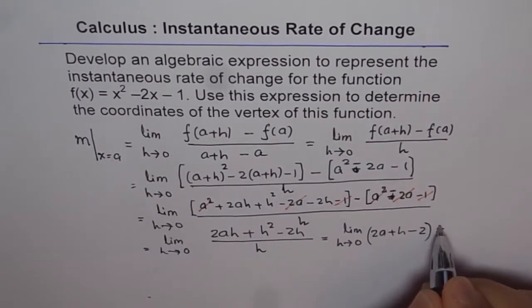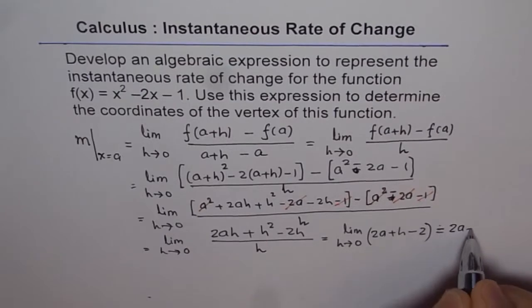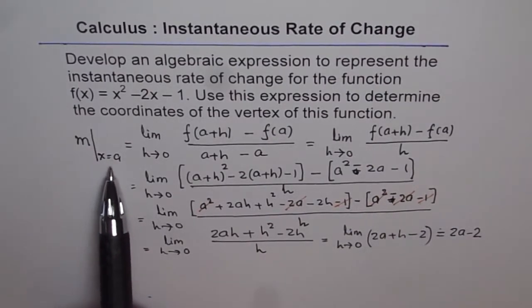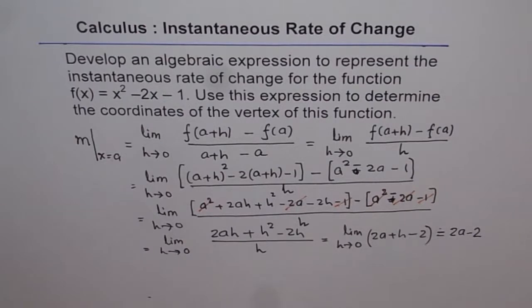So that is the instantaneous rate of change of our function at any general point x equals a, and that is the algebraic expression to represent instantaneous rate of change. So we got that part. The answer is the instantaneous rate of change for f of x in general is 2a minus 2.